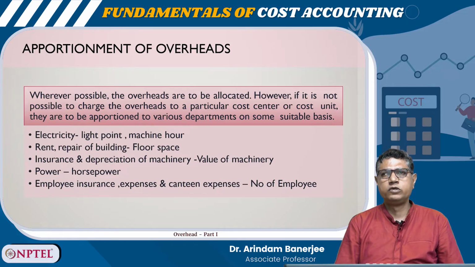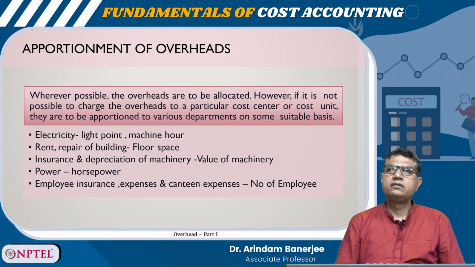So, what are the suitable bases? Say for electricity, it can be light point or machine hour. Rent, repair of building, it can be floor space. Insurance and depreciation of machinery, the value of machinery. The power, maybe the horsepower. Employee insurance expenses and canteen expenses, number of employees.